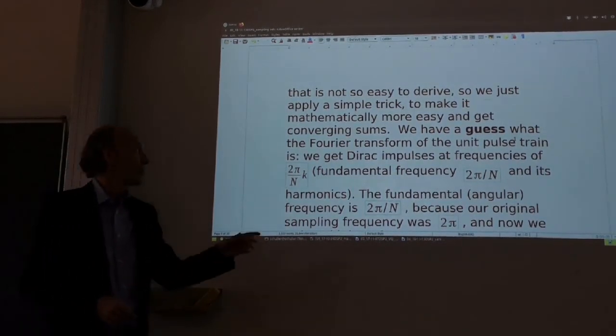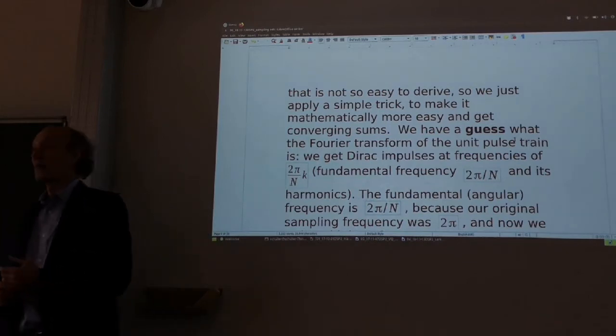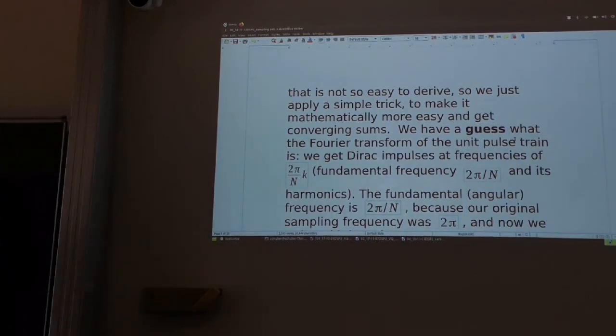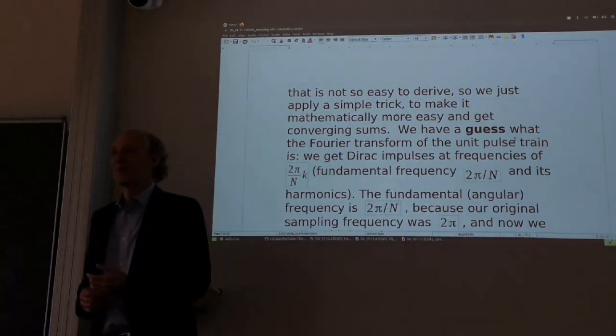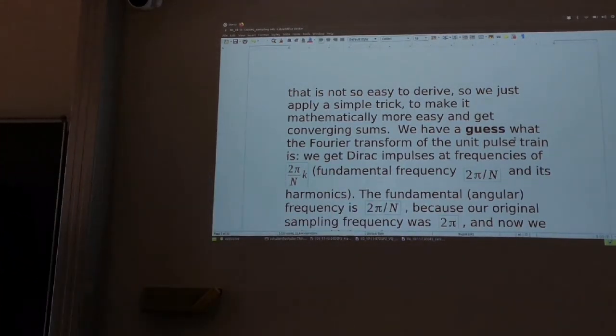So what's the average of our Dirac pulses? Unit pulses. We have unit pulses. What's the average? Well, it's something positive, depending on how far you go.